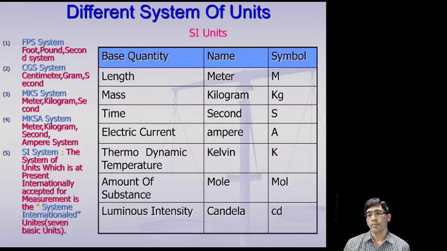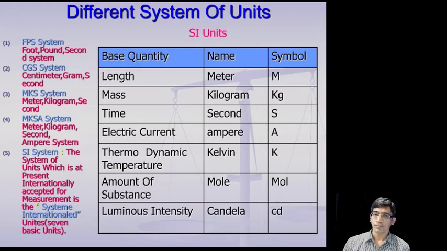Electric current is ampere, capital A. Thermodynamic temperature is Kelvin, capital K. Amount of substance is mole, and the symbol is mol. The luminous intensity of light is candela, and its unit symbol is small cd.